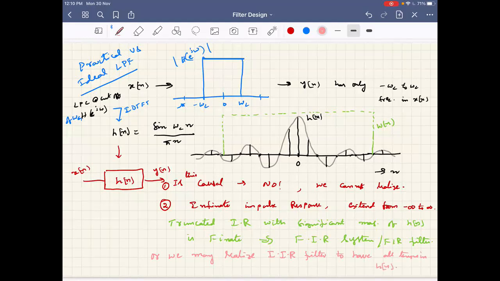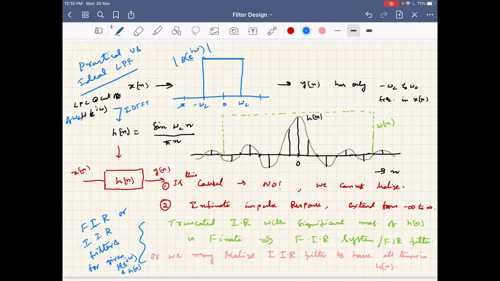So based on this discussion, we may have FIR filters or IIR filters for a given h of e power j omega, and h of n correspondingly. For this we may realize it as a finite impulse response filter or an infinite impulse response filter.